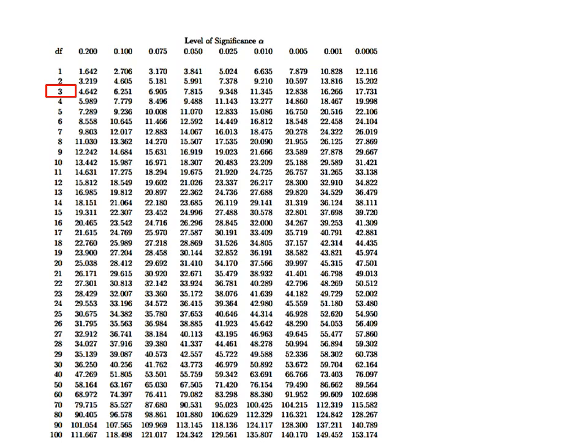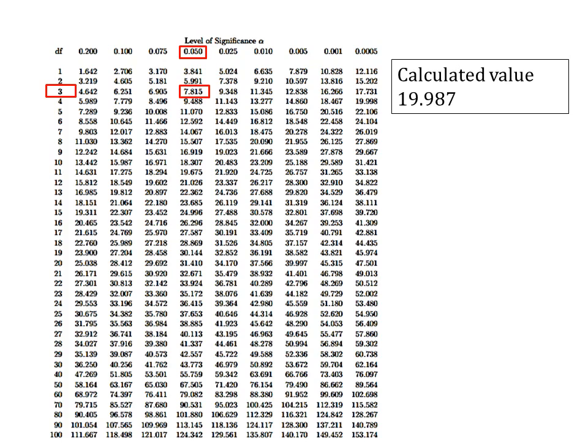What is our first level of significance? It is 0.05, and the value is 7.815. What was our calculated value? 19.987. Which one is greater, our calculated value or the table value? Obviously our calculated value, 19.987.